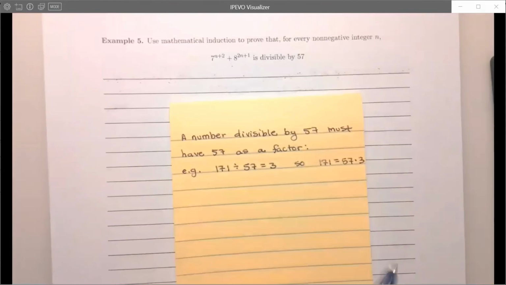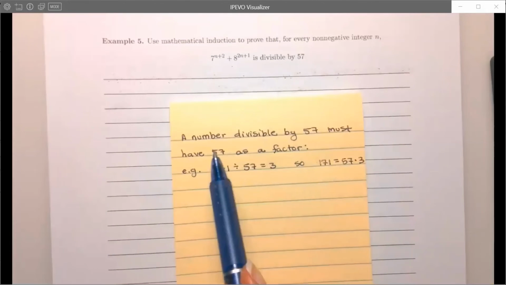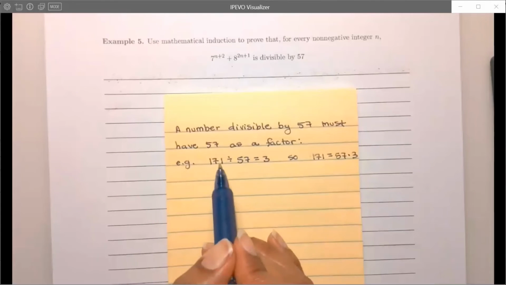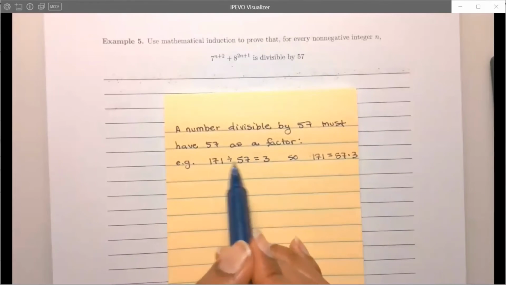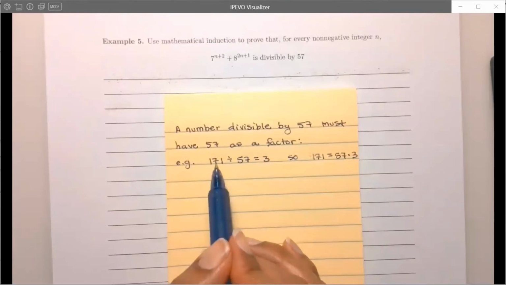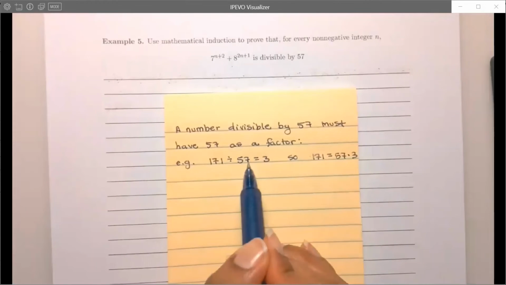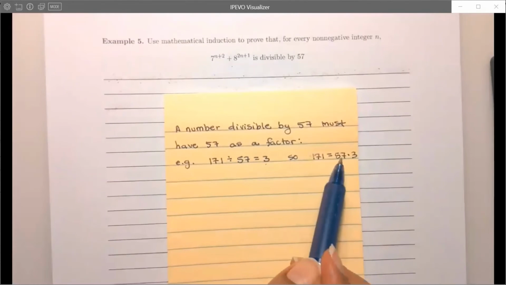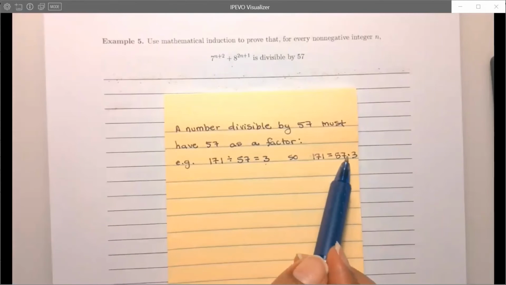A number is divisible by 57 if it has 57 as a factor. So for instance, 171, if we divide it by 57, it will give us 3. So what that means is that we can write 171 as 57 times 3.